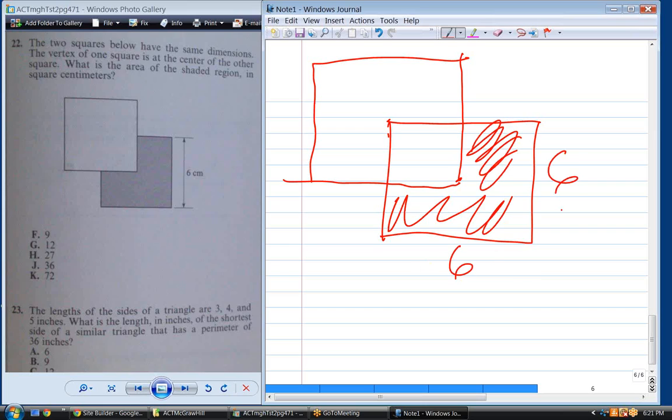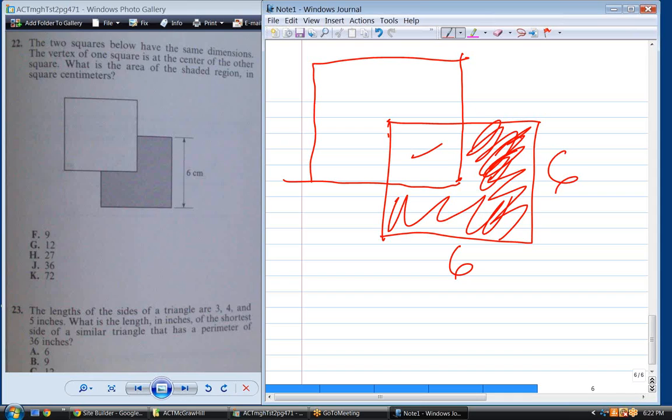Both squares. So why don't you just do base times, or I don't know. Base times height would give you the area of that whole square. So in a way, it really is a subtraction problem. It's the area of this whole square minus the area of that white part right there.